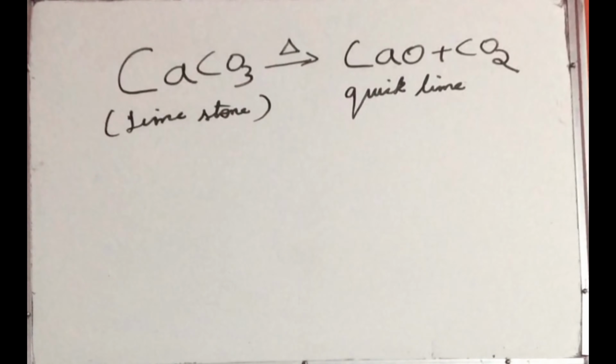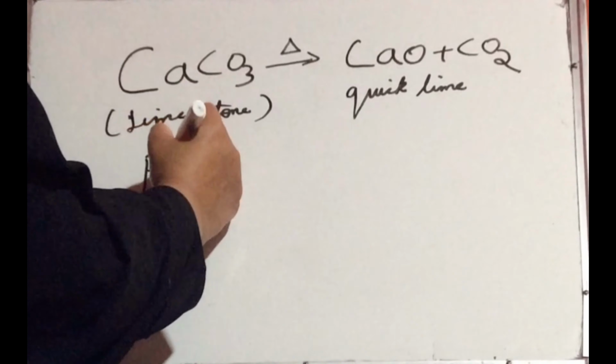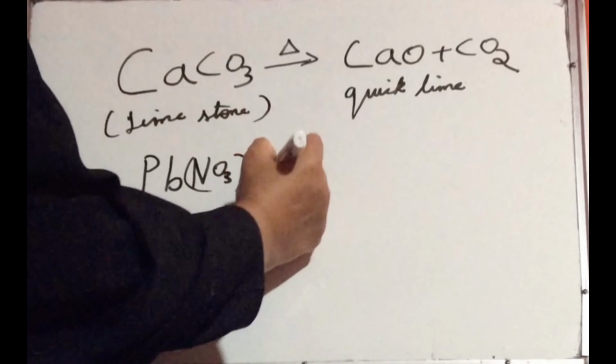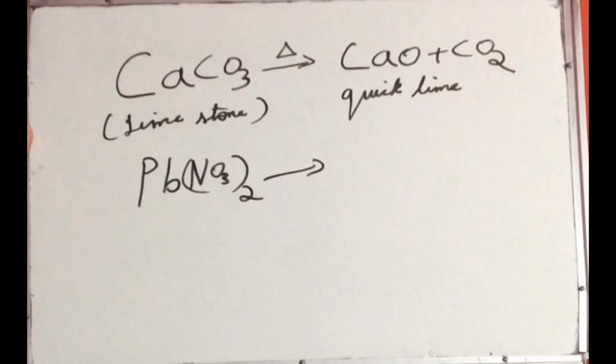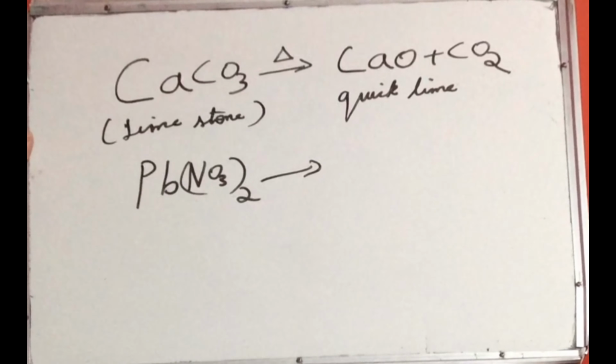One more example. When you heat lead nitrate, Pb(NO3)2, you will get brown fumes. This fume is due to the presence of nitrogen dioxide gas.